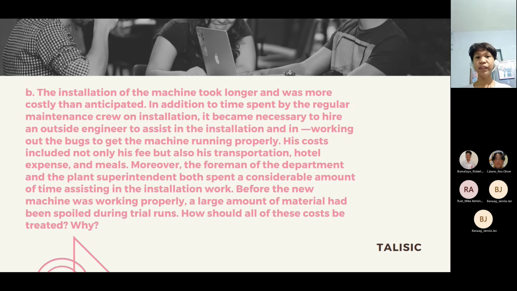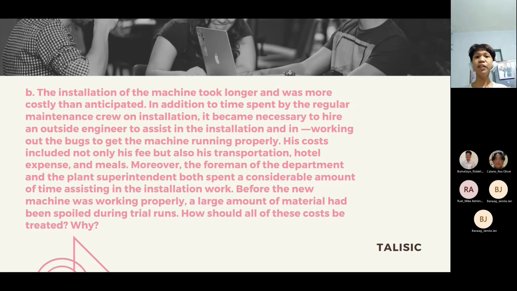The time spent by the crew and the outside engineer can be treated as maintenance expenses since they are both working on the machine to work properly. The engineer's transportation, hotel expense, and meals are counted as accommodations and lodging, which is considered as travel expenses of the engineer.